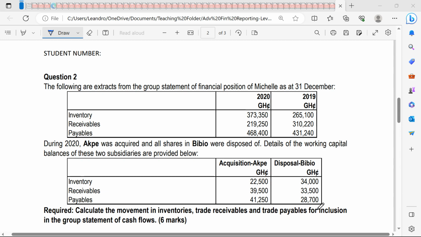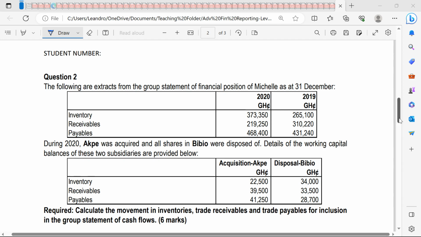Now, you are looking for the cash in working capital. And your working capital is your inventory, your receivables, and your payables. You want to extract the cash.